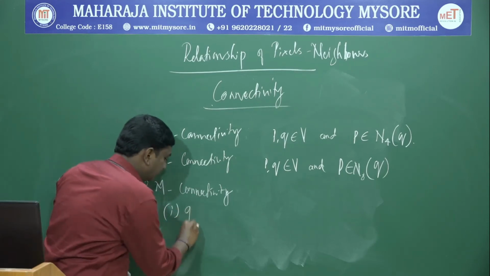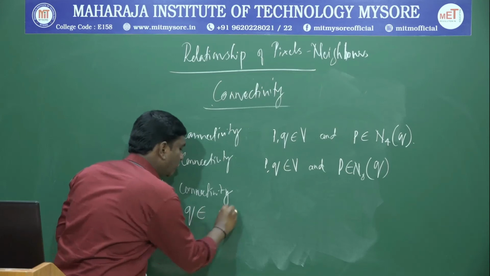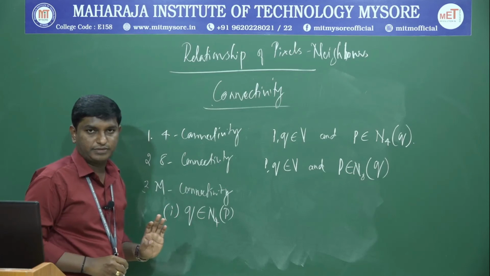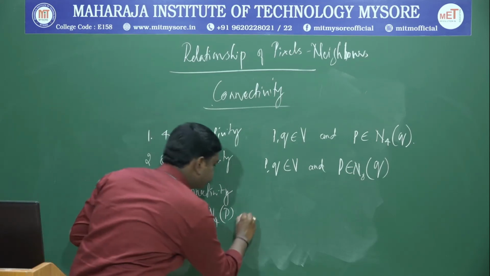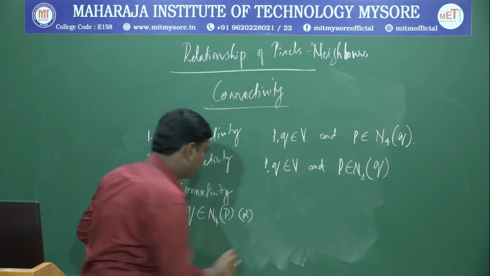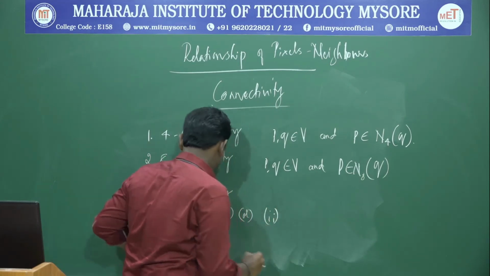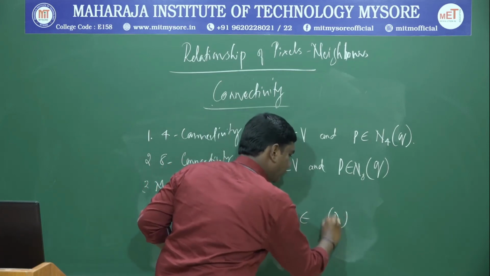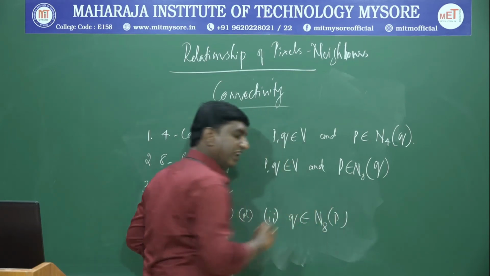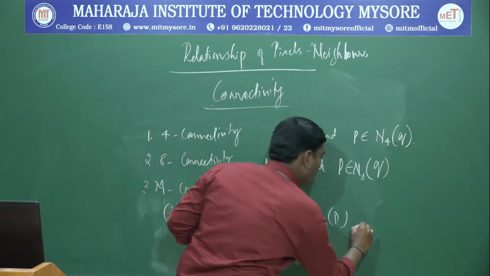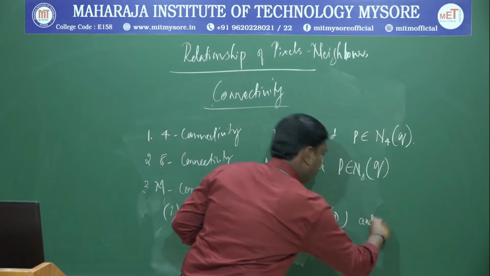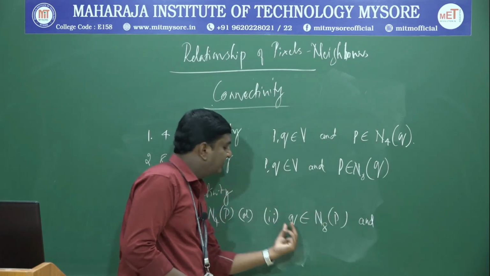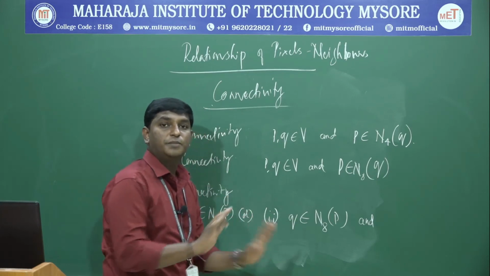Firstly, this Q should belong to pixel P with a 4 neighbor, or this Q should belong to pixel P with an N8 relationship, and the N4 neighbors of P and the N4 neighbors of Q should not be the same.